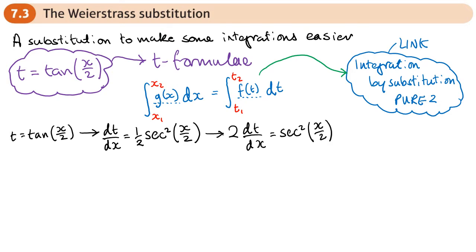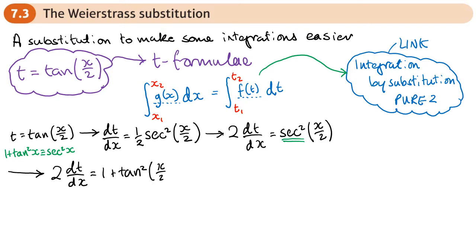I really want this in terms of t, so I'm going to use the identity 1 plus tan squared theta is equivalent to sec squared theta, and I'll use that to change this sec squared to 1 plus tan squared. So 2 dt/dx equals 1 plus tan squared of x over 2.